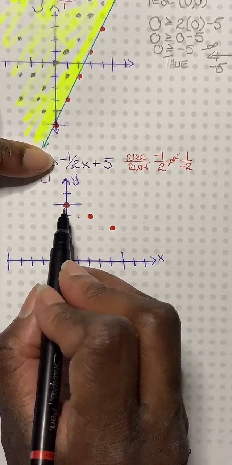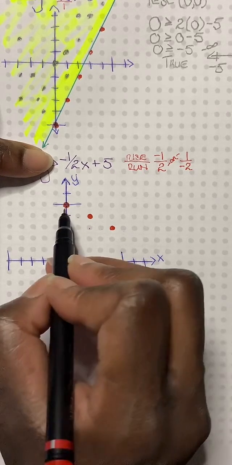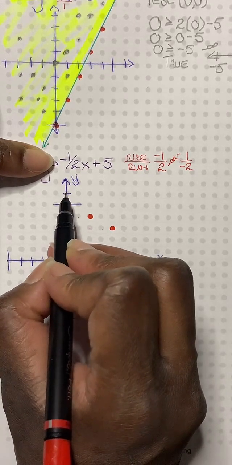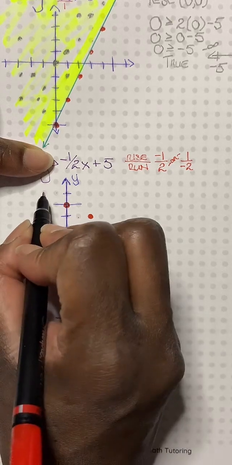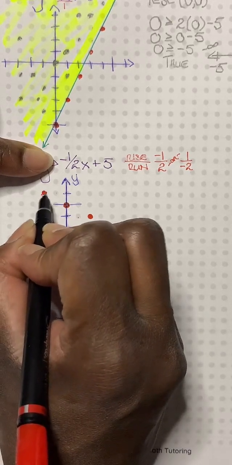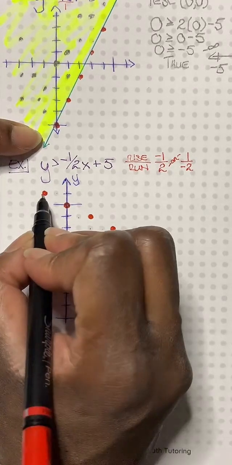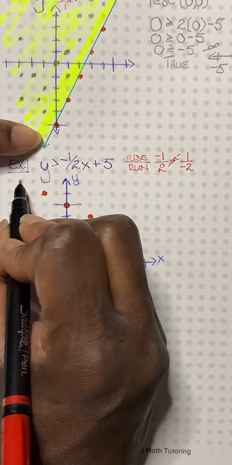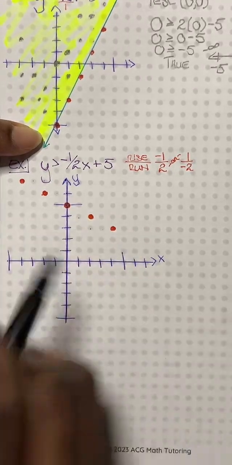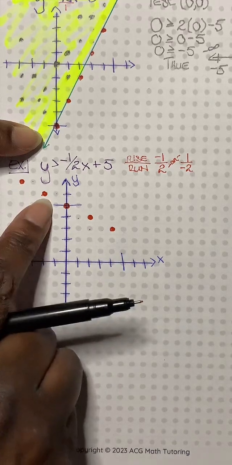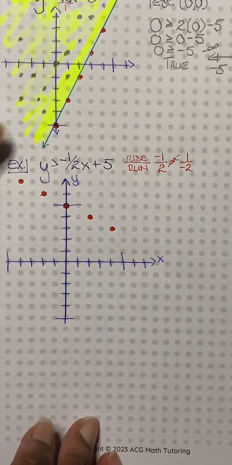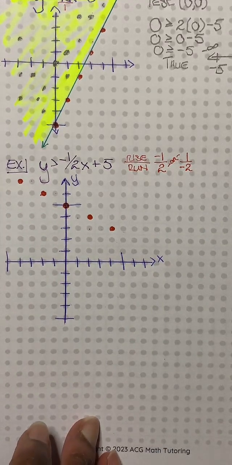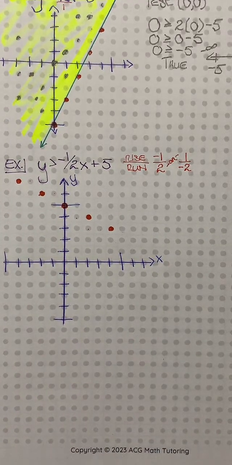Or if I start at my y-intercept, I can go up 1, because it's a positive 1, and over to the left 2. Okay, up 1, over to the left 2. Because notice those 2 points are still on that same line. Okay. All right, good.